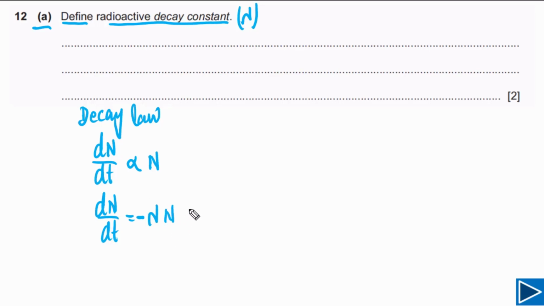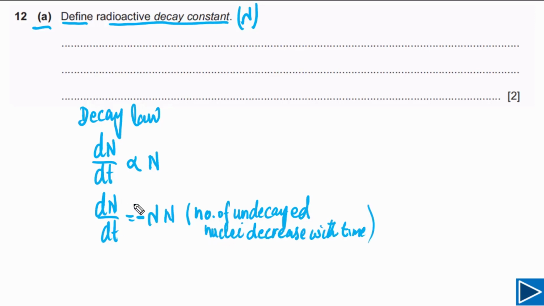It means that the number of undecayed nuclei in the sample decreases with time. If you sketch a graph between N and t, the gradient of the graph will be negative.